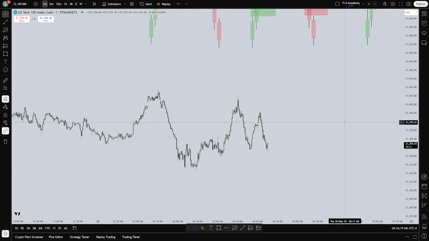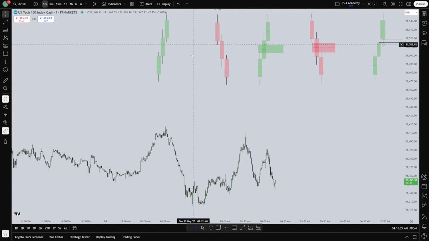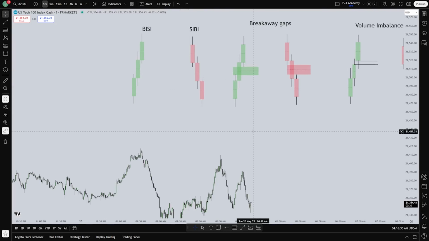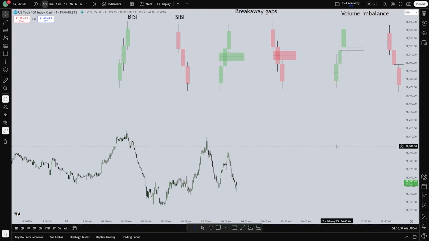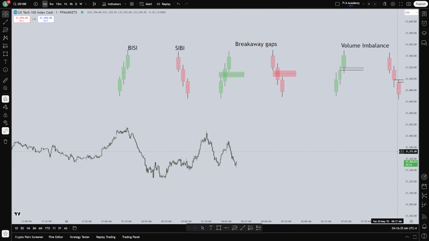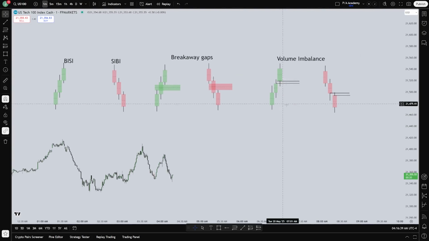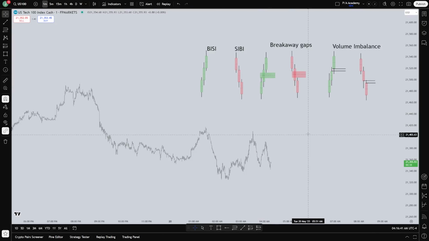So all of this comes in together in a probabilistic format, and just putting multiple confluences together, you'll get a higher probability fair value gap, and that's the type of trading you guys want to be doing, is putting multiple confluences together to get a higher probability BISI, SIBI, or inversion, or breakaway volume imbalance. Breakaway gaps, you don't take trades off that, guys, right?